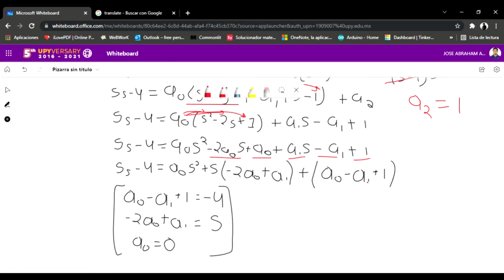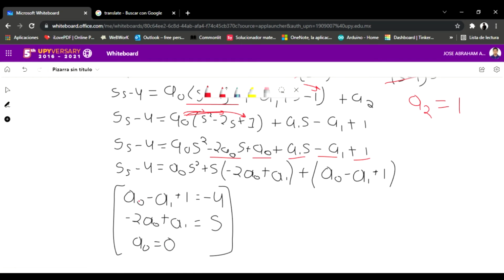and then we go to this little table, and we have this equal to 4, because they are constant terms. And here we have the term that had s, so this is equal to 5, because this s has 5 as coefficient. And as there is no s squared on this side of the equation, the a0 is equal to 0.